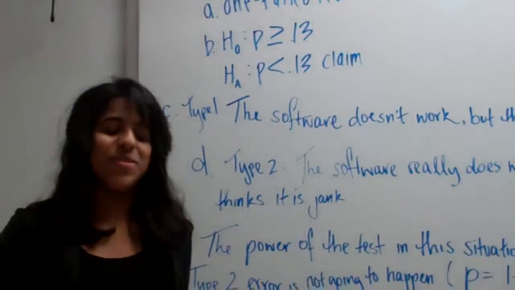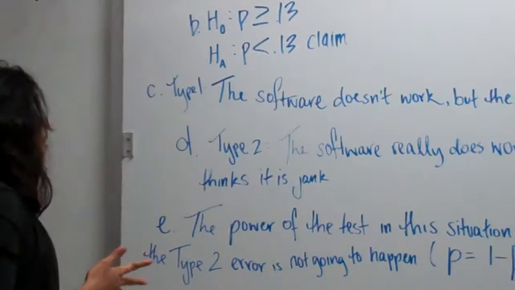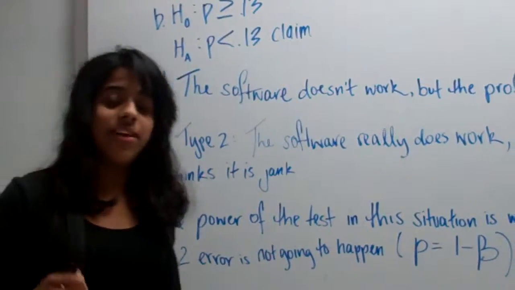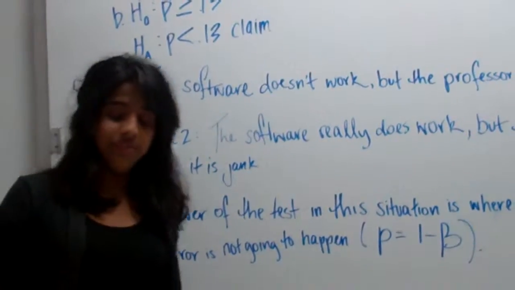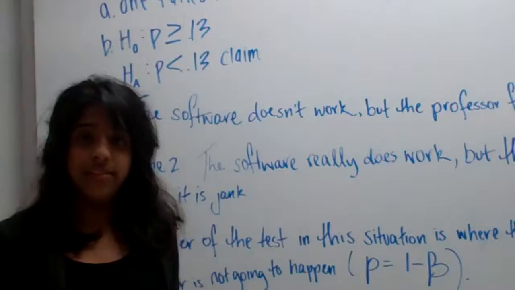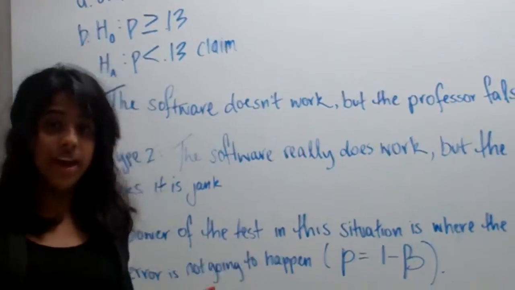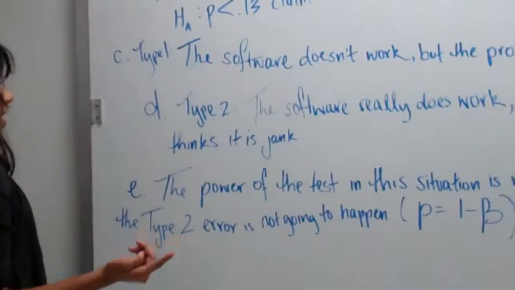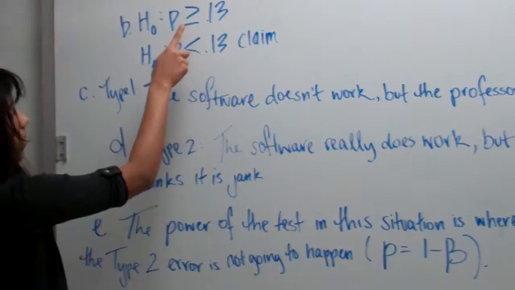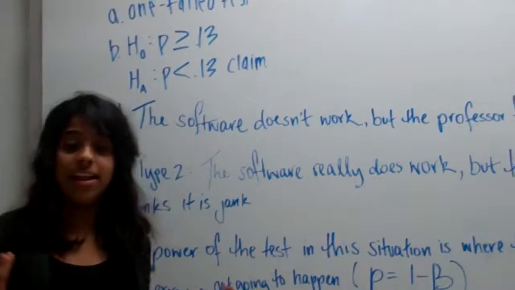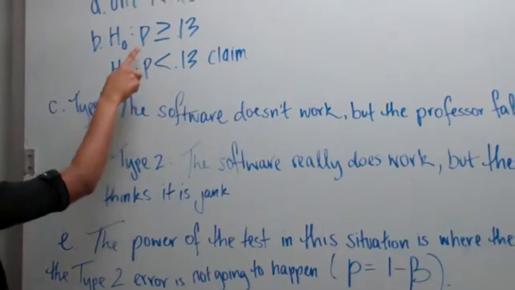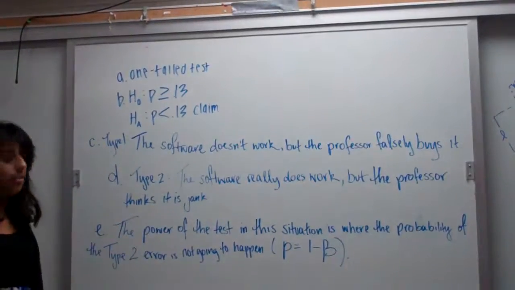Next, the question asks about type 1 and type 2 errors. To refresh your memory, a type 1 error would occur if the null hypothesis is true, but we reject it. So in this case, it would be that the software doesn't work, but the professor falsely buys it thinking that it does work because he would have rejected the null hypothesis.